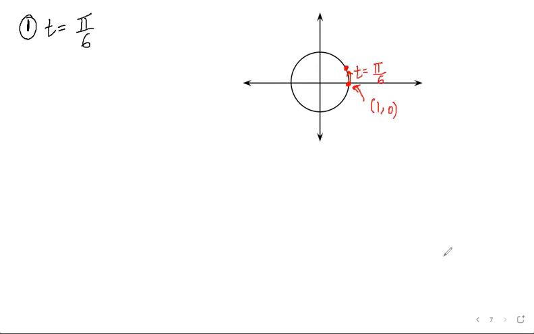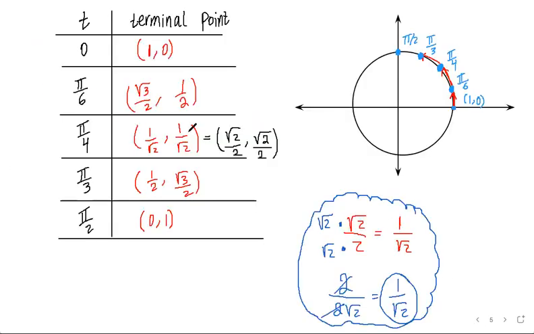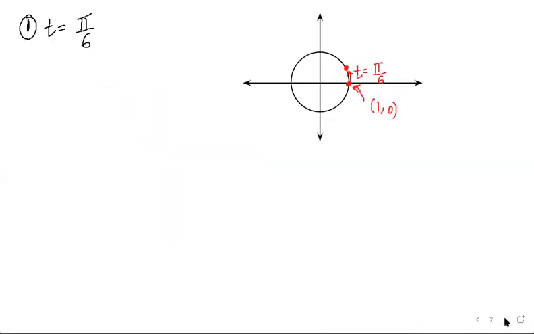This point from the table for t equals pi over 6 is given like this: the square root of 3 over 2, 1 over 2. So the terminal point from the table is square root of 3 over 2, 1/2.